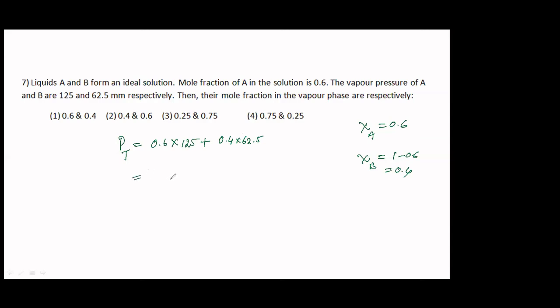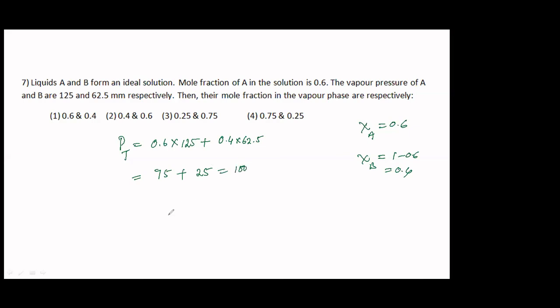So when you do the calculation, 0.6 into 125, I think you will get 75. Am I right? Is it 75? 75 plus 0.4 into 62.5, you will get this as 25. Isn't it? So this should come out as 100.